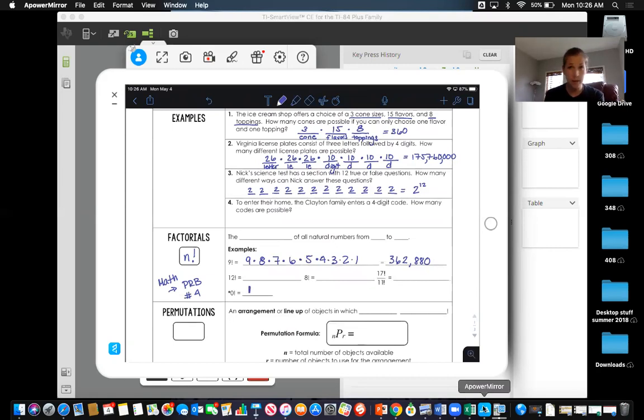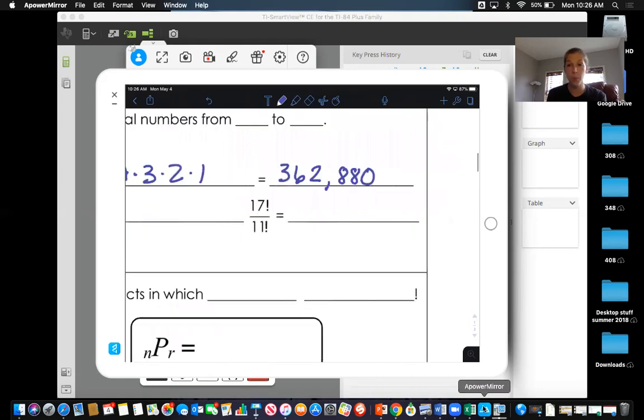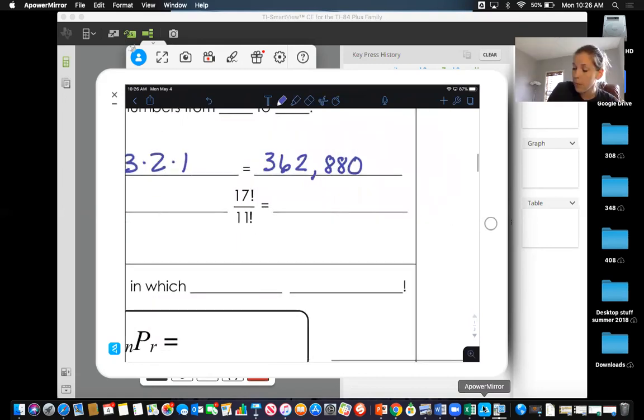That's just going to be a definition that you need to know. And if there ever comes a time in which you have a big factorial problem, what you need to remember is what factorial means. Factorial means the number that you're starting with times all the numbers below it through 1.